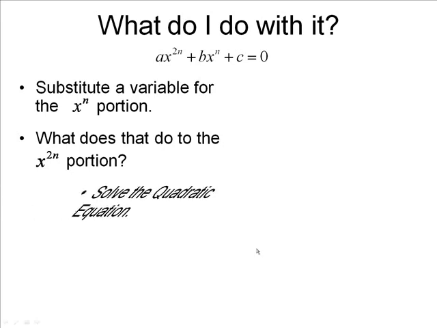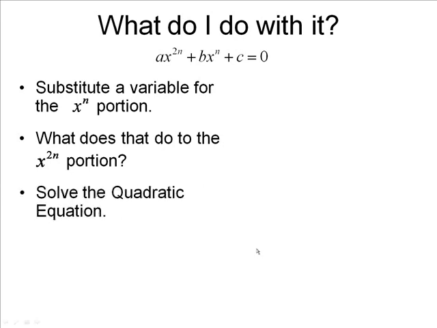So then you'd end up with aq squared plus bq plus c equals 0, a standard quadratic equation. That's all that needs to be done. You just substitute any variable you want, turn it into a standard quadratic equation, and solve that.